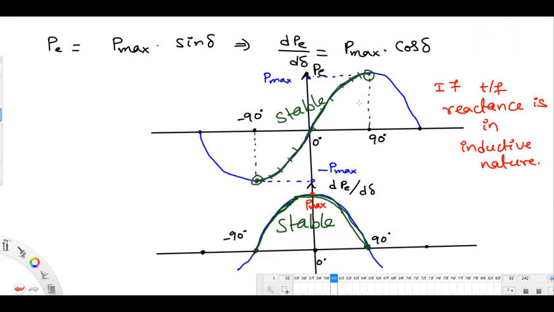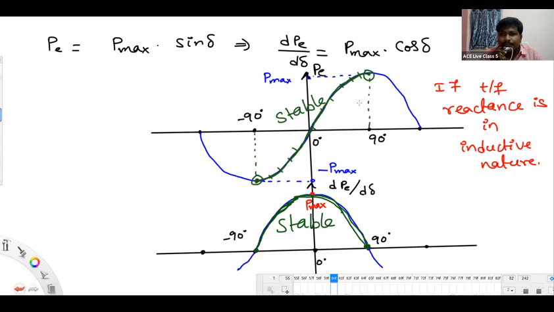Any other doubt here? Sir, can you give a definition for reliability and rigidity also? Already we defined it: reliability is the confidence level of the system in satisfying the load demand for all the time.